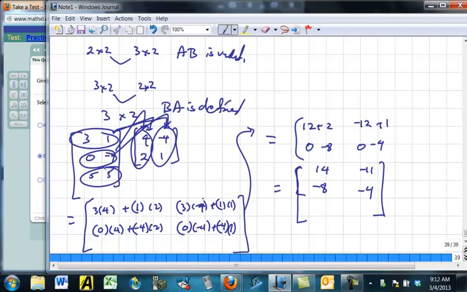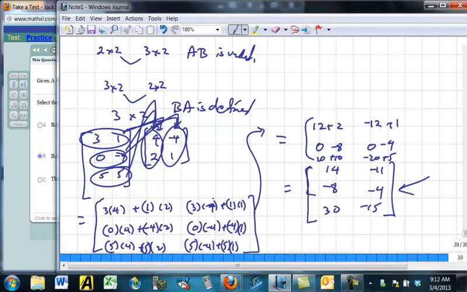Now, finally, third row, first column. 5 times 4 plus 5 times 2. So that's 20 plus 10 is 30. Third row times second column here. 5 times negative 4 plus 5 times 1. So that's negative 20 plus 5 is negative 15. So there's our answer.